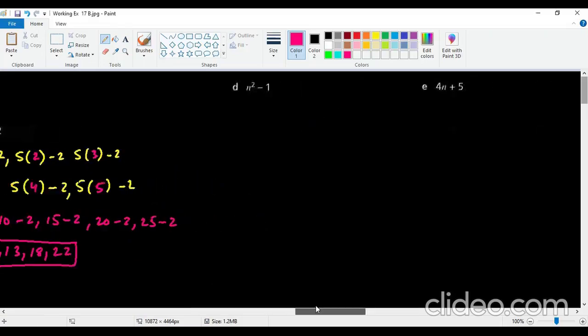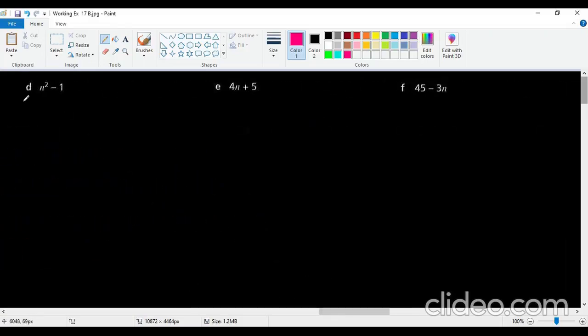In question number D, as we move ahead, it's going to be 1 square minus 1, 2 square minus 1, 3 square minus 1, 4 square minus 1, and 5 square minus 1.